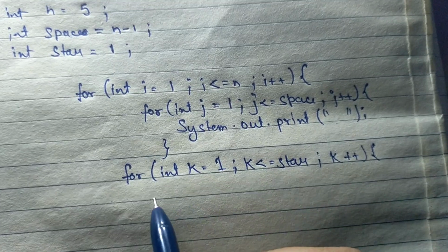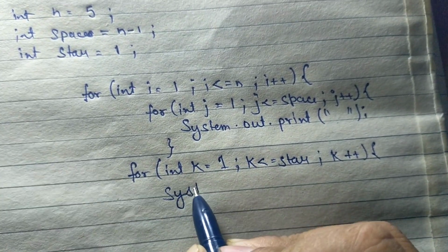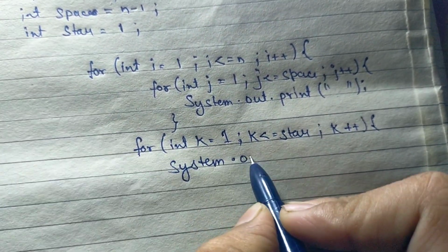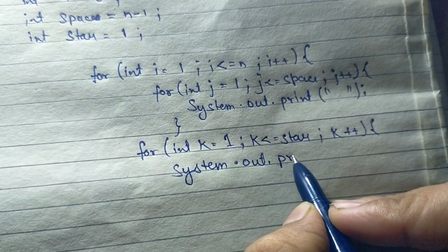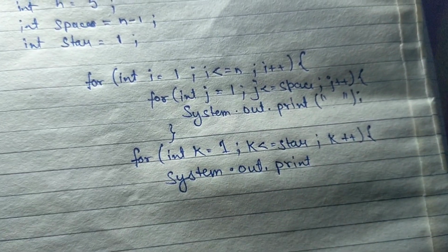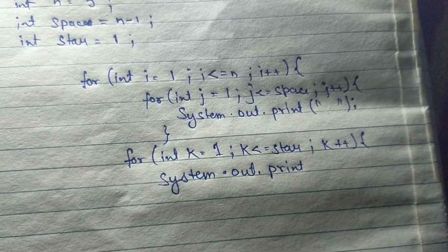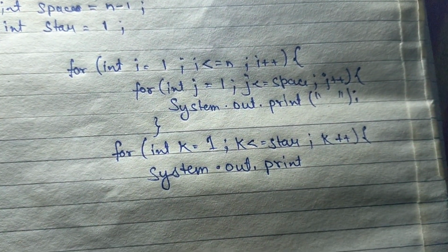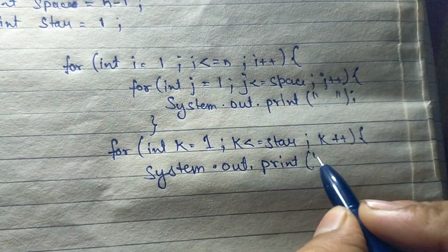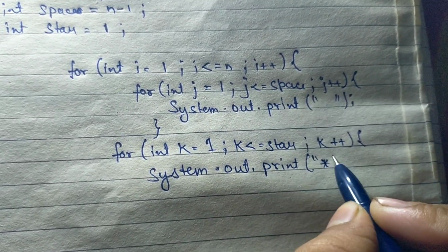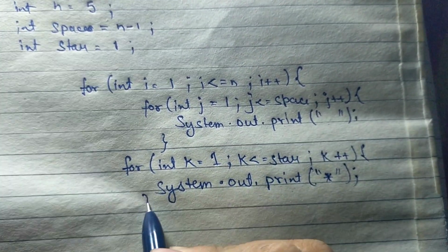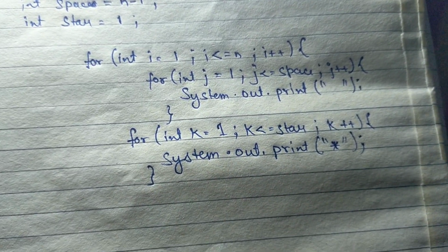Here we are printing stars. If you don't know this, first go and watch my previous video from the start, so you can better understand this pattern. I explained it in previous parts. We are printing stars, so we have closed it.